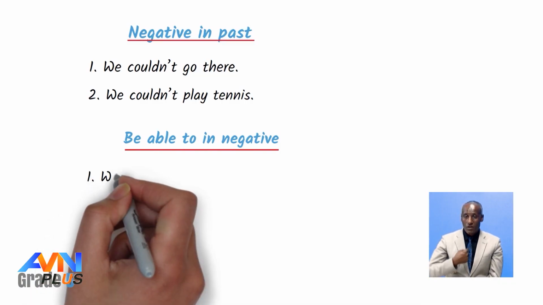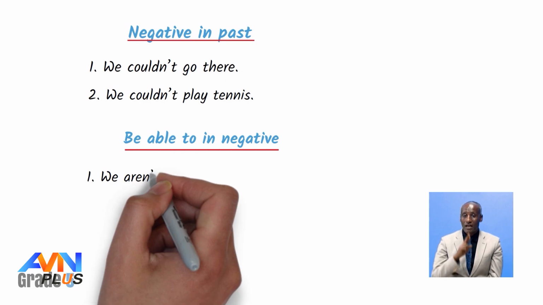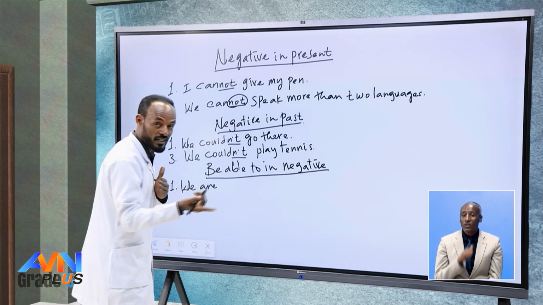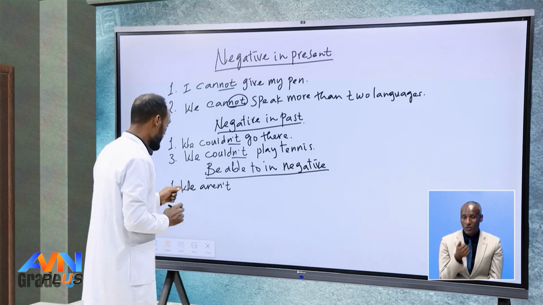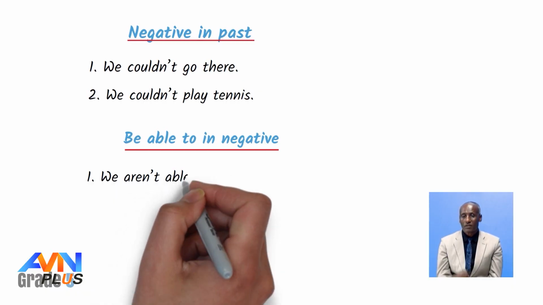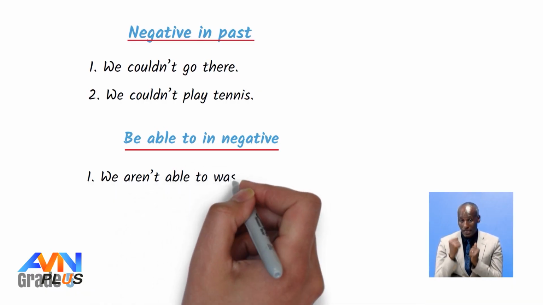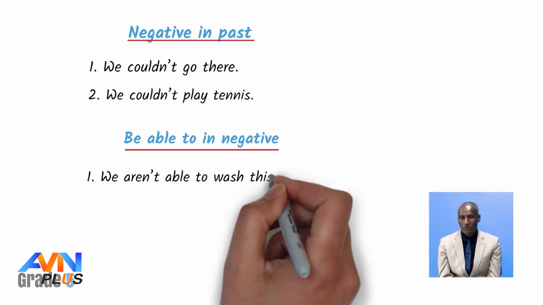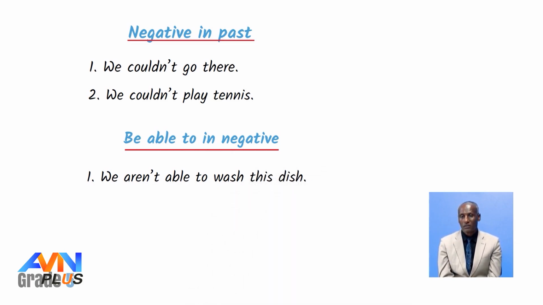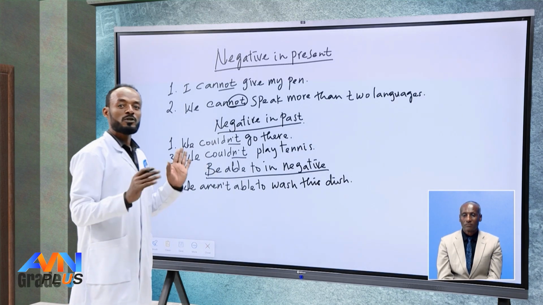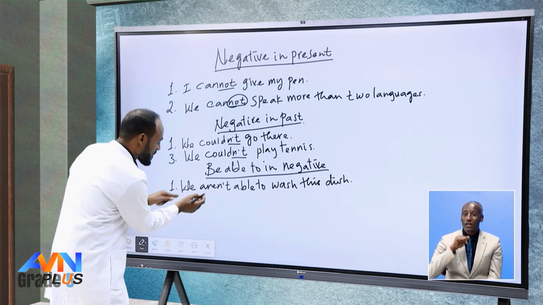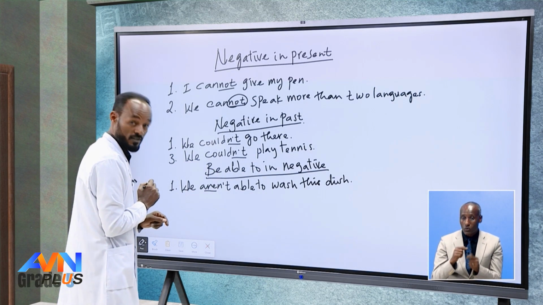We are, then not. Okay? We are not or we aren't. We aren't able to wash this dish. Here is aren't. Is it clear?